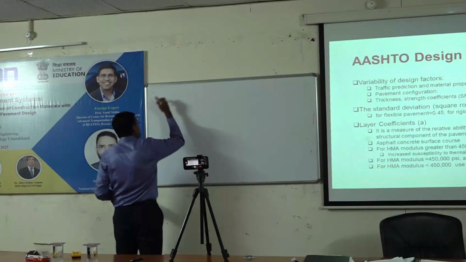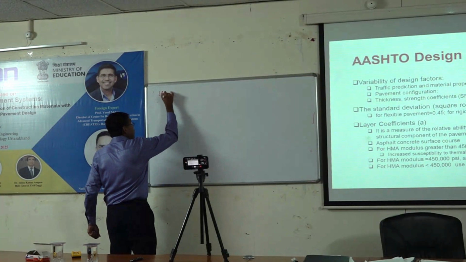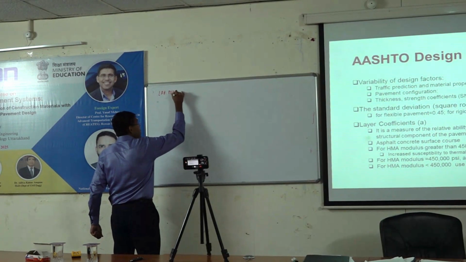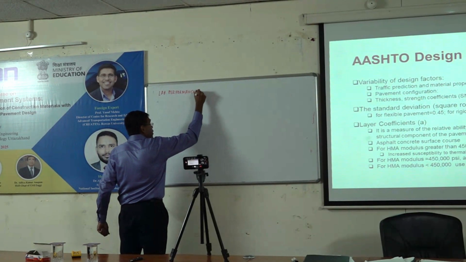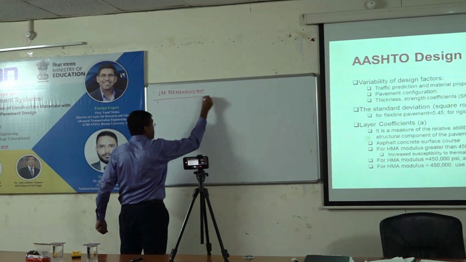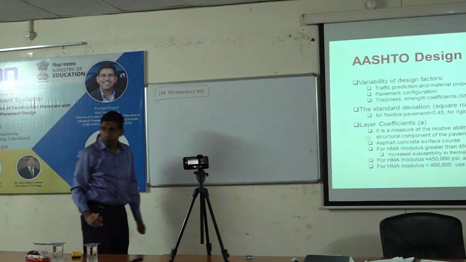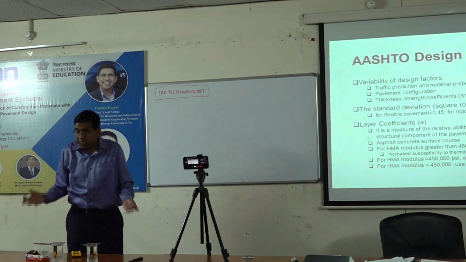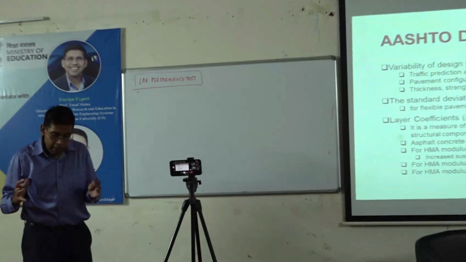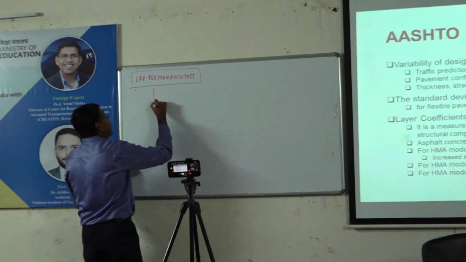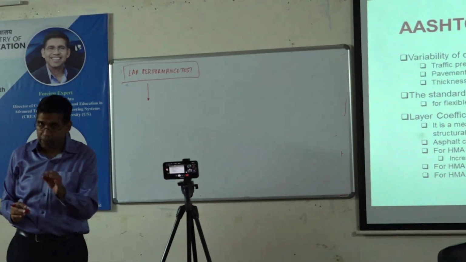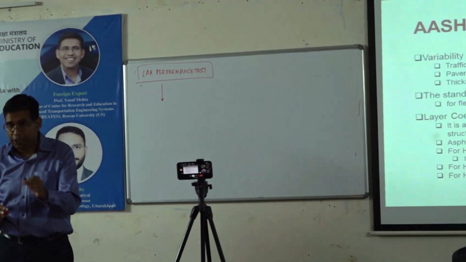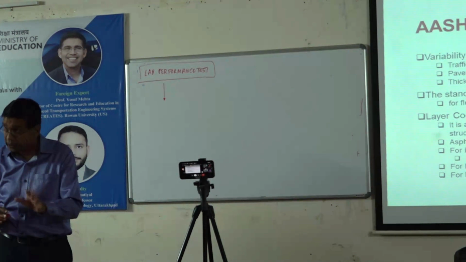So you have a lab performance test which is done in the lab. Fair enough? So having recognized that, I understand clearly the question: how was the criteria developed? How was the wheel tracker criteria developed? And I'll answer that question.